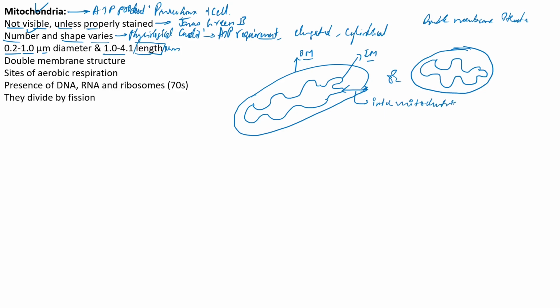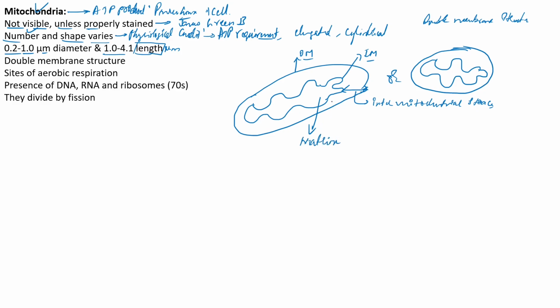And at the center, the inner membrane envelopes the cavity or the lumen of the mitochondria, which is mainly a dense proteinaceous mass, semi-fluid in nature. It is called the matrix.